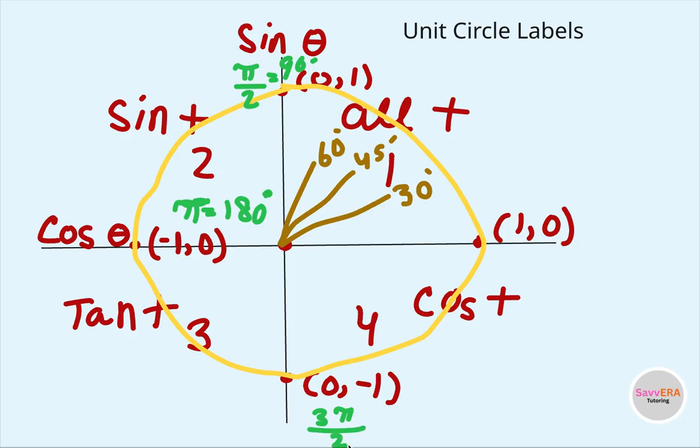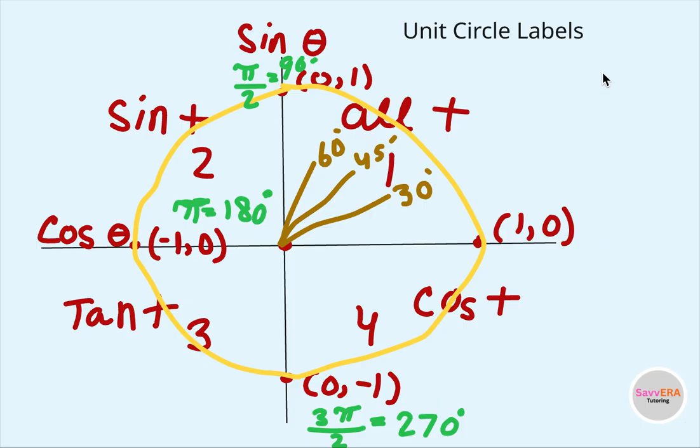over 2. So now you might be thinking, okay, pi equals 180, understood. Pi divided by 2 gives us 90, understood. But how is it 3 pi over 2? Remember, this equals 270. So how did they get 270? We're just going to do the math.